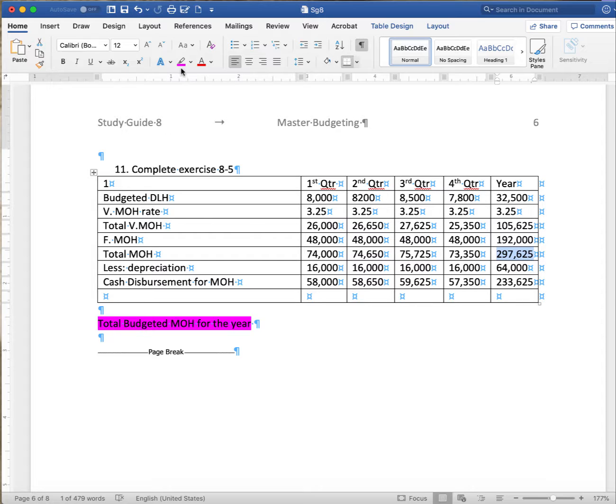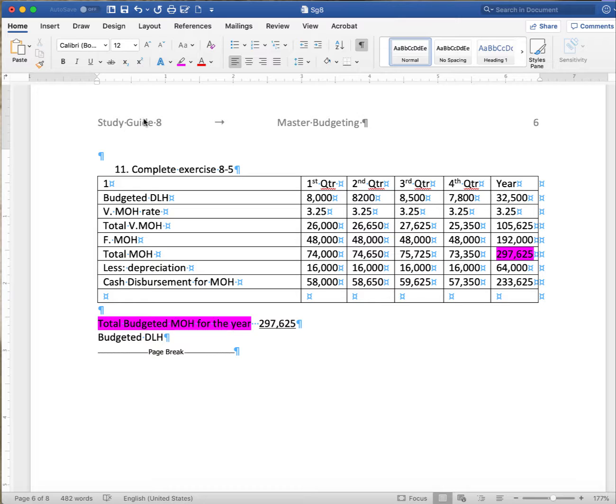So the total MOH, which is right here, is $297,625. And just bear with me for a second. Okay, now I need to figure out what is the budgeted direct labor hours for the year.